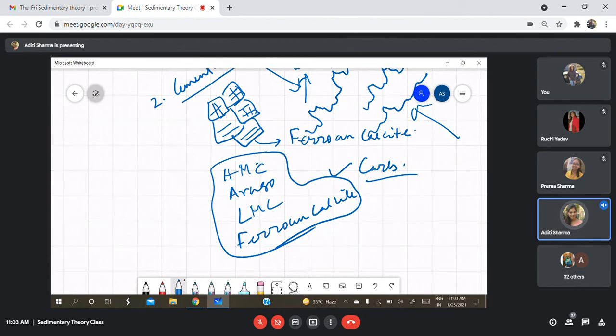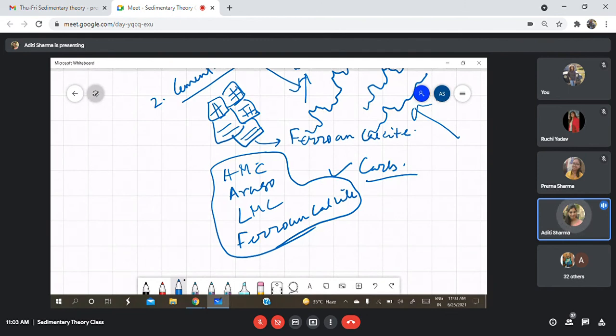Is it very easy to identify all these carbonates when you see a thin section? Yesterday we had a thin section. Could we identify which one is aragonite, which one is low Mg calcite? No, we have not ventured, because that is very, very difficult. All these are carbonate.